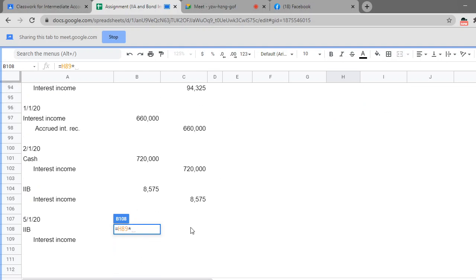E gigunitan nato ang bonds gikan lang man February 1, 2020 hangtod May 1, 2020. So pila na siya ka months? That's Feb, March, April. That's 3 months only. Therefore, our amortization will only be 29,584.